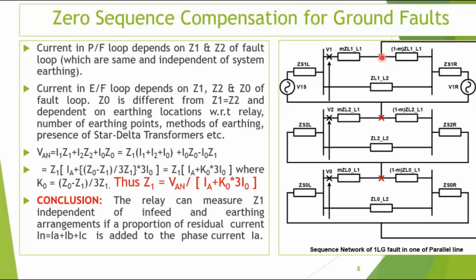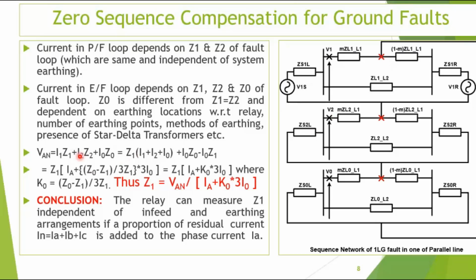With respect to this fault point, we are doing everything, not on an absolute scale. It will be I1 Z1, Z1 represents this one. I2 Z2, I2 represents the negative sequence current through the relaying location multiplied by the negative sequence impedance between the fault point and the relaying point. This is the meaning of this equation. And similarly I0 Z0.